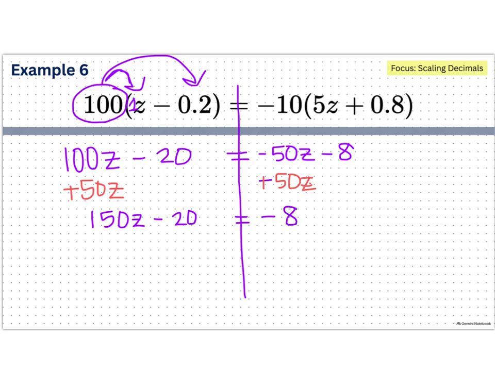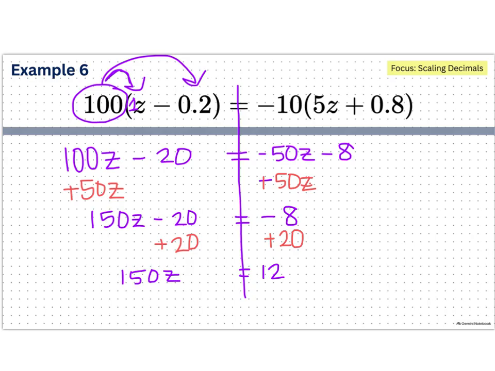And then I need to move my constants to the other side, so I'm going to add 20 to both sides. Again, feel free to stop, and if you feel comfortable, work out the problems by yourself, and then you can see how I did it. Okay, and then on the left side, we're going to bring down 150z, and then negative 8 plus 20 is a positive 12.